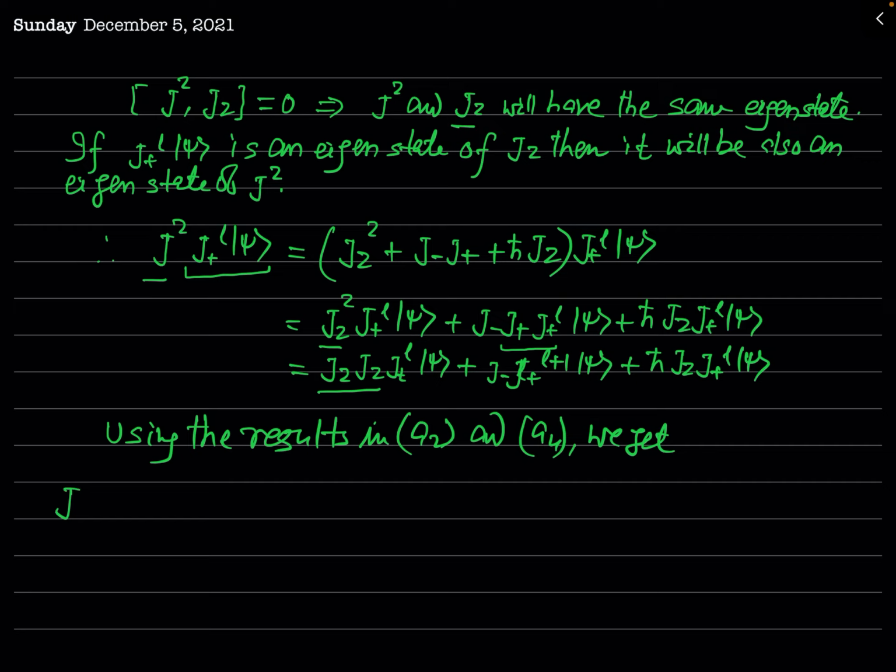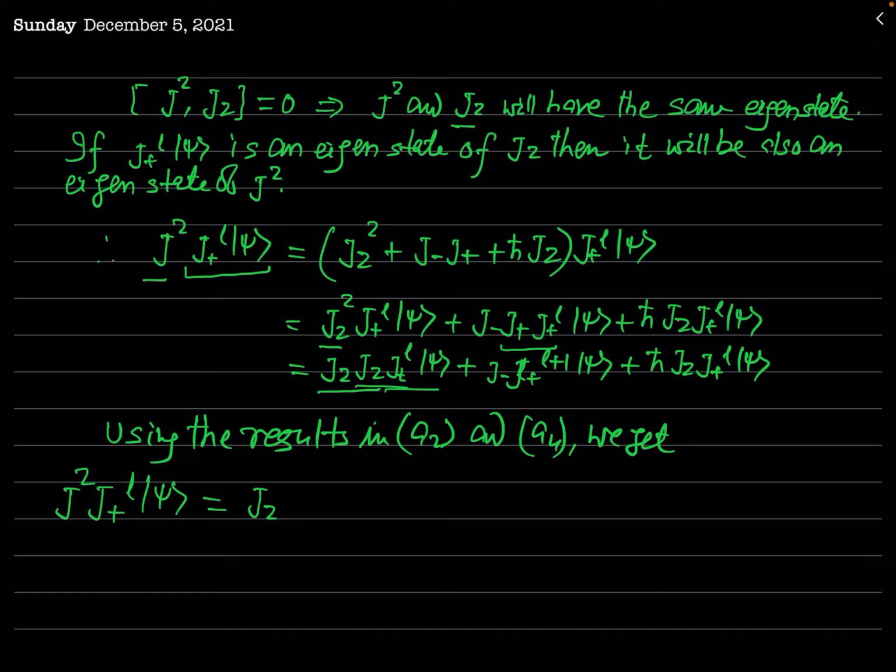This J square operated on J plus L ket psi is equal to, you can see here, this is Jz and Jz J plus L ket psi. This will be equal to what?